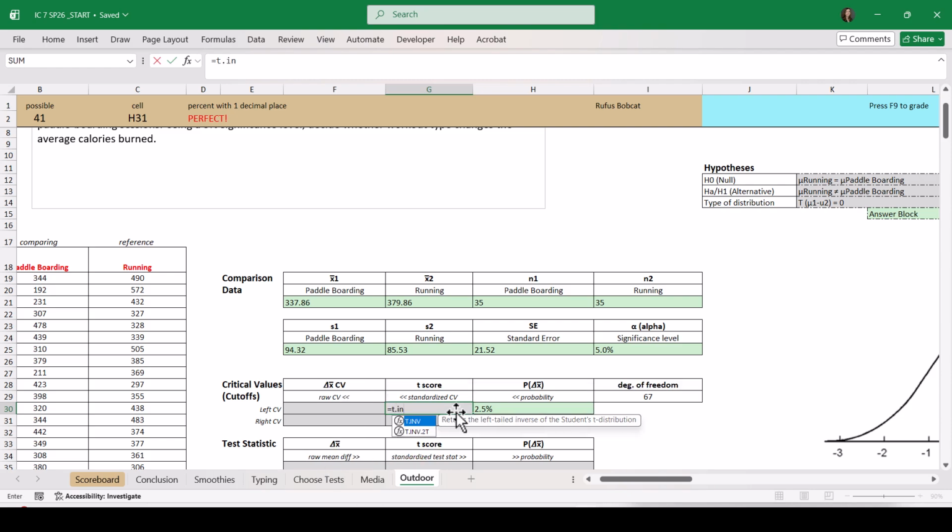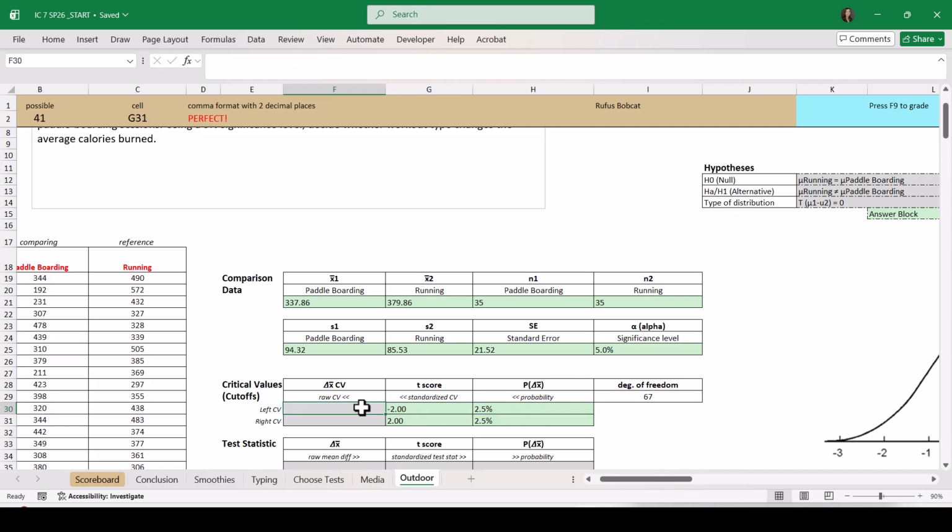Now we can use the t.inv function to figure out the critical values or the t-scores that mark our rejection region or alpha. For this test, the degrees of freedom will always be computed for you. All right, for the upper or the right, we have to do 1 minus, and then the degrees of freedom.